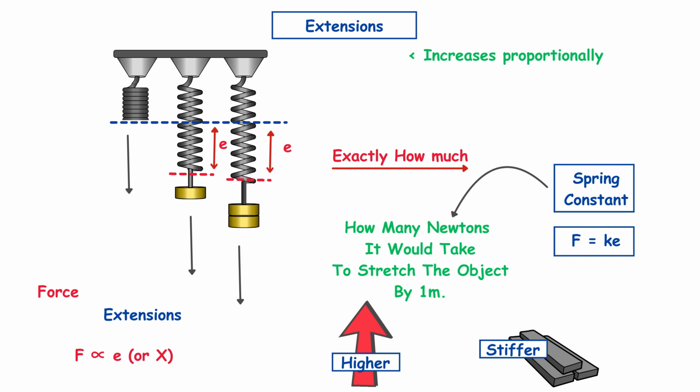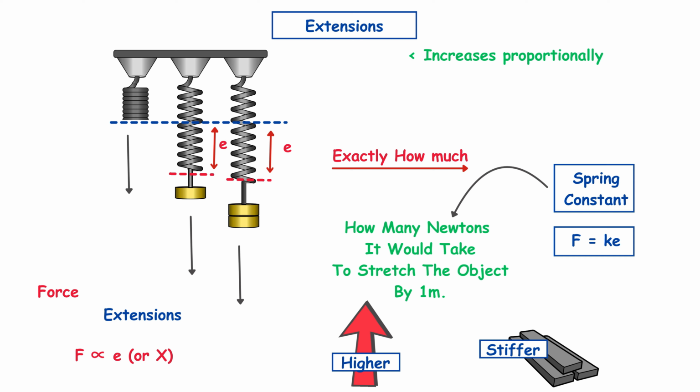In symbolic terms, this can be written as F is proportional to e, where force is denoted by the letter F and extension is usually represented by the letter e, though it is sometimes written as x instead. The amount a spring extends under a given force depends on a property known as the spring constant, represented by the letter k.